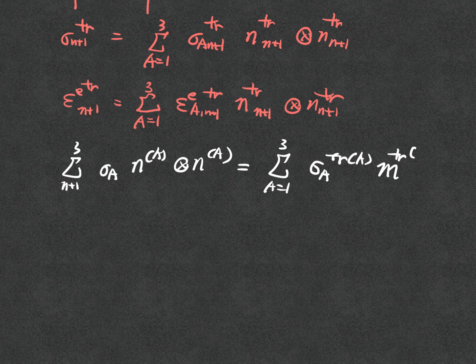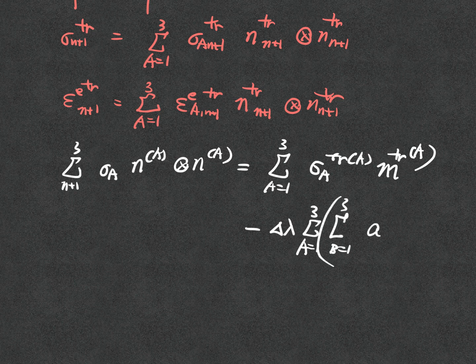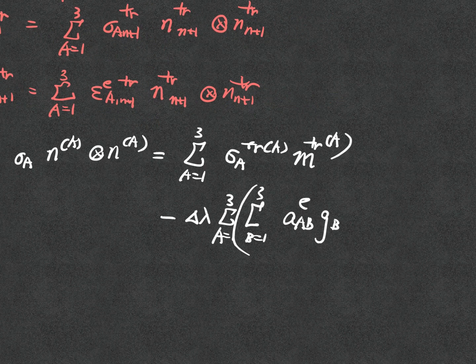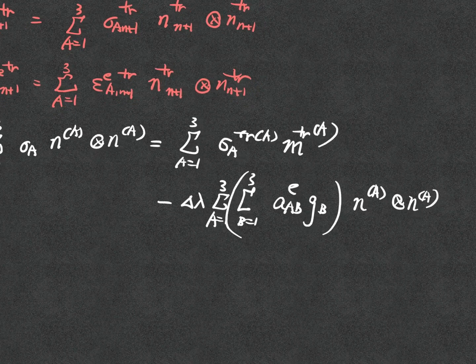I just write m. I just don't want to keep writing the n anymore. Minus delta lambda. Does that make sense?